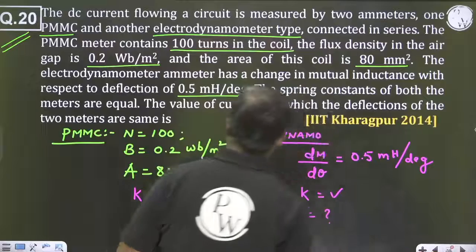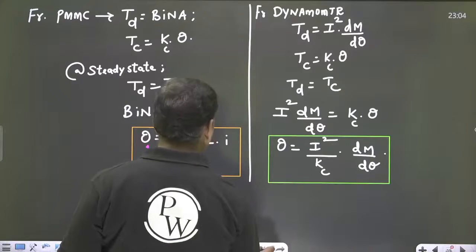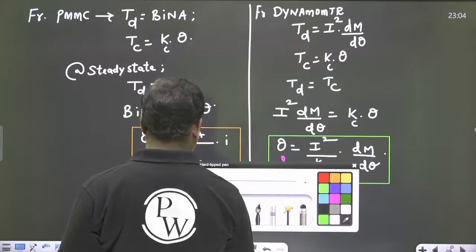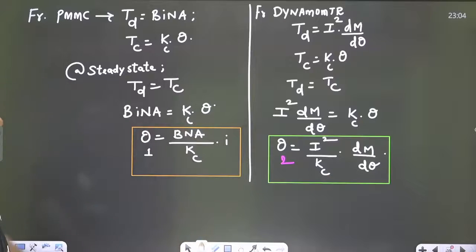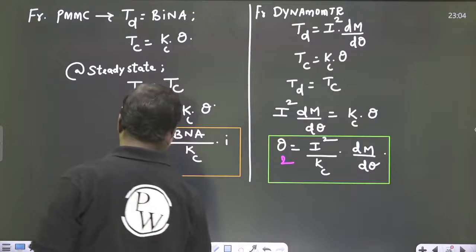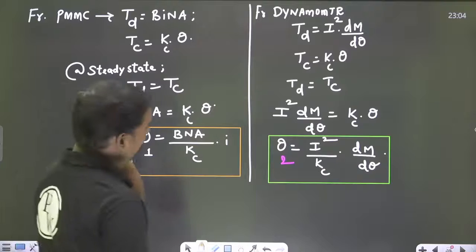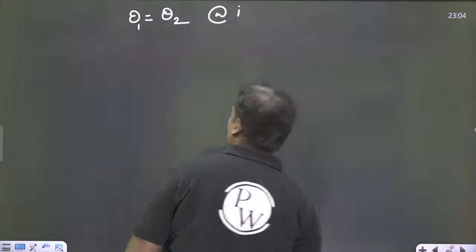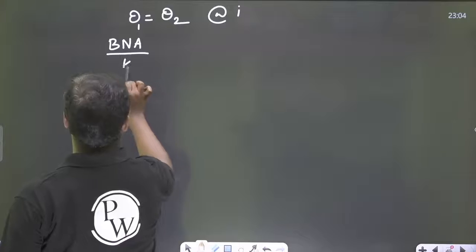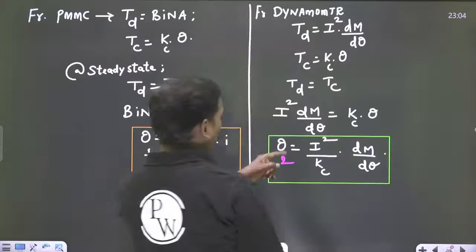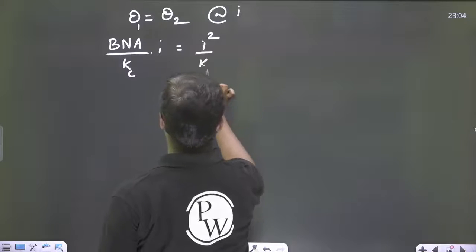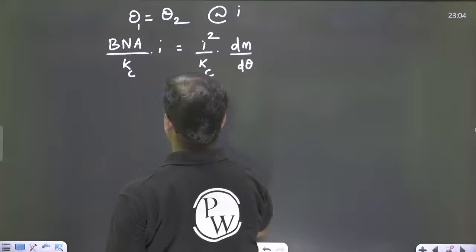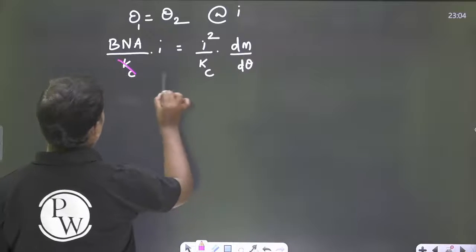That means if you take this deflection as theta 1, and this deflection as theta 2, then theta 1 is equal to theta 2, deflections are equal at a current I. So theta 1 is BNA by Kc into I, and theta 2 is I square by Kc into dM by d theta. The two currents are the same now.